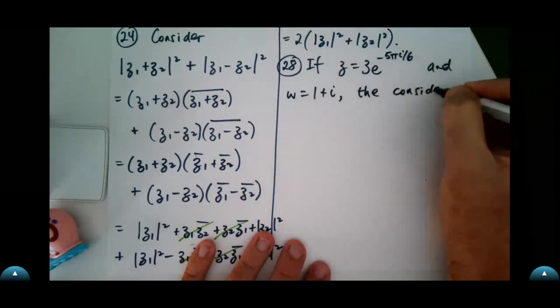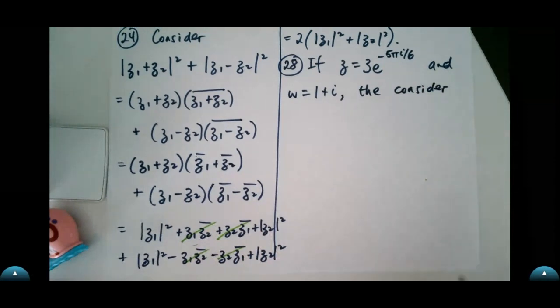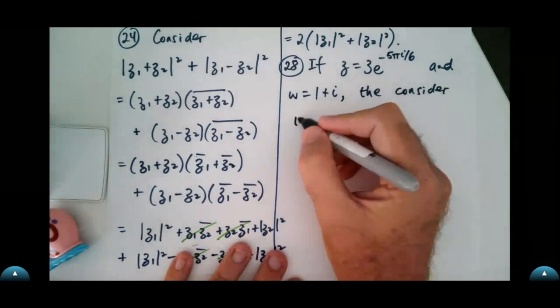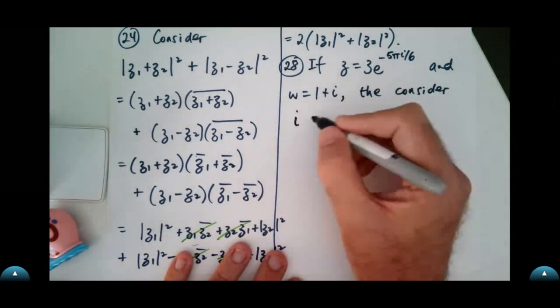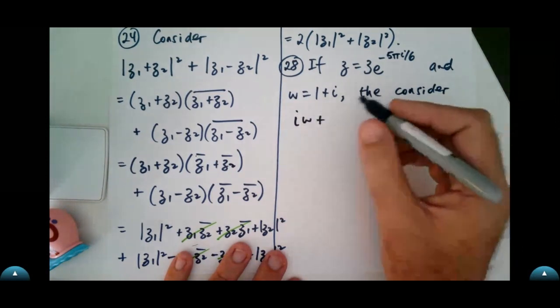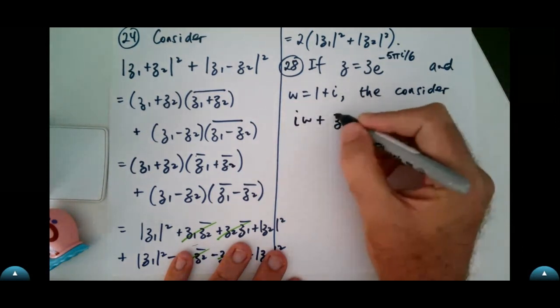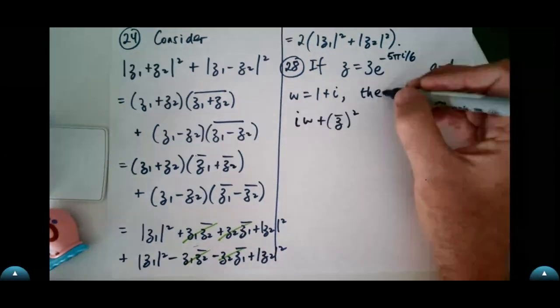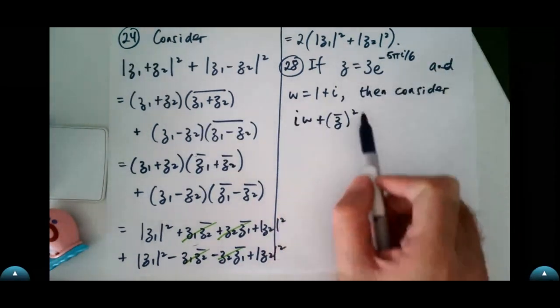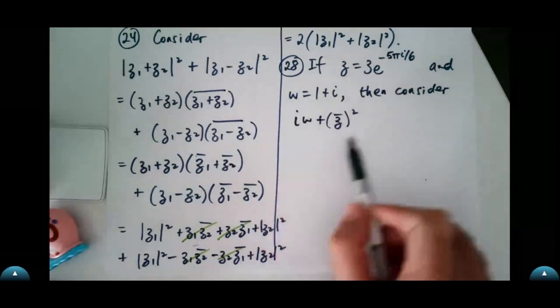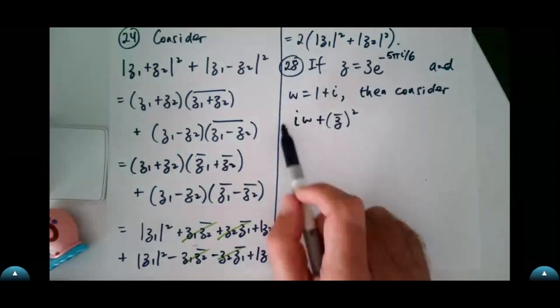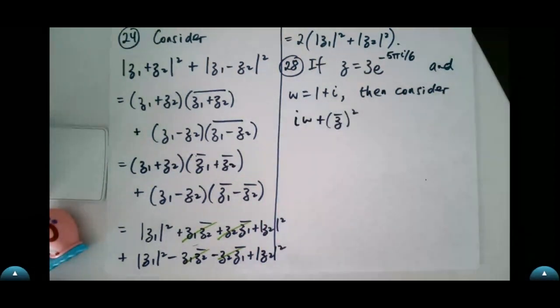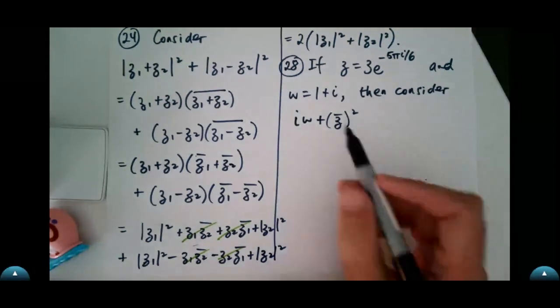Let's consider this thing here. This is I times W plus Z bar squared. We really want the real part of this, but I'm just going to start with this form and then we'll take the real part in a minute.